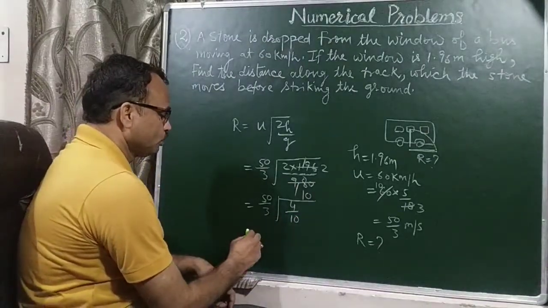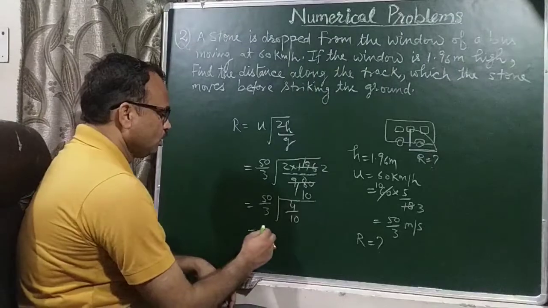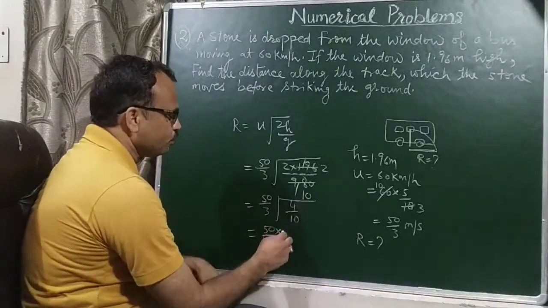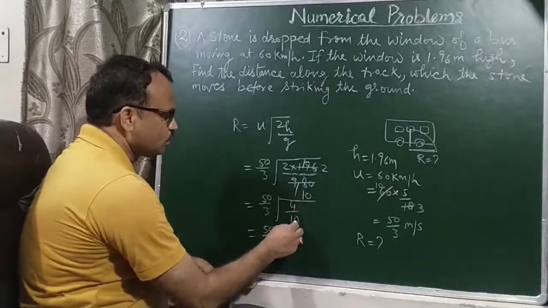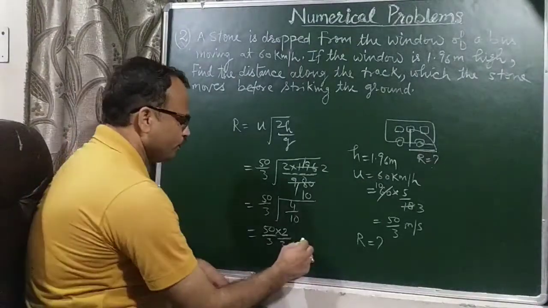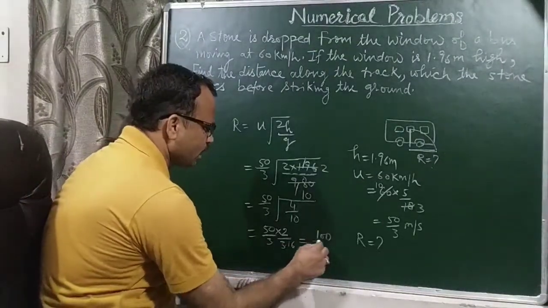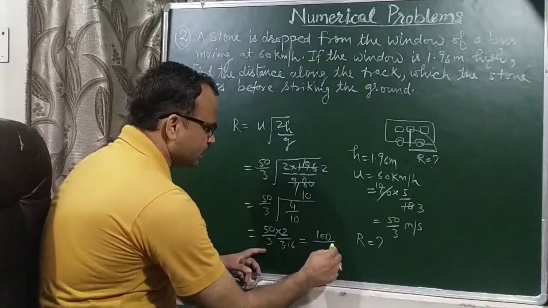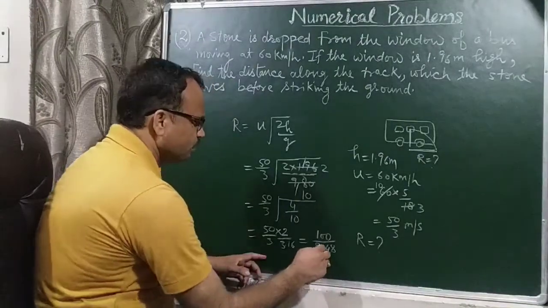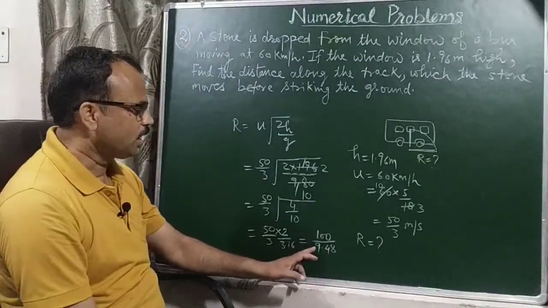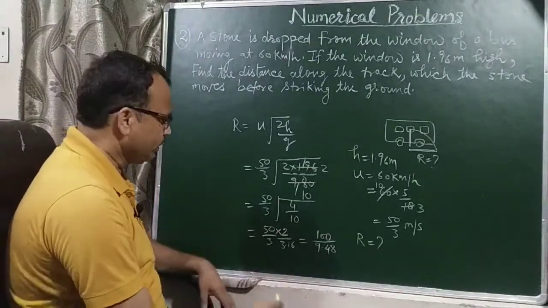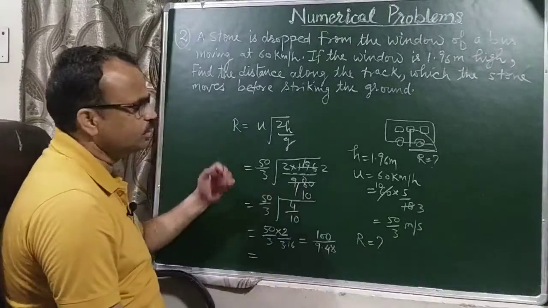So 50 by 3 into root of 4 is 2, and root of 10 is 3.16. So we get 100 upon 3 into 3.16, which is 100 upon 9.48. After dividing this, we get the answer for the range.